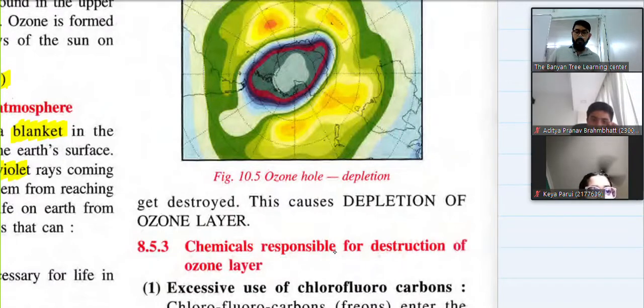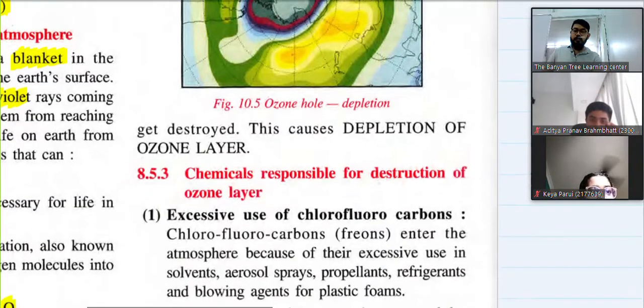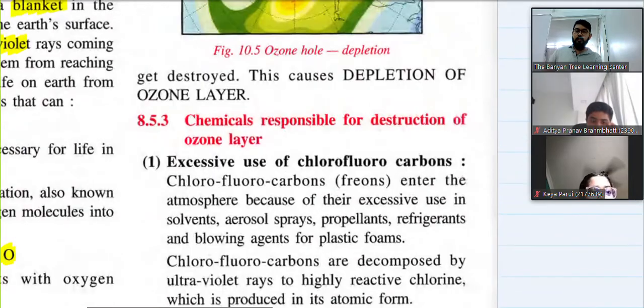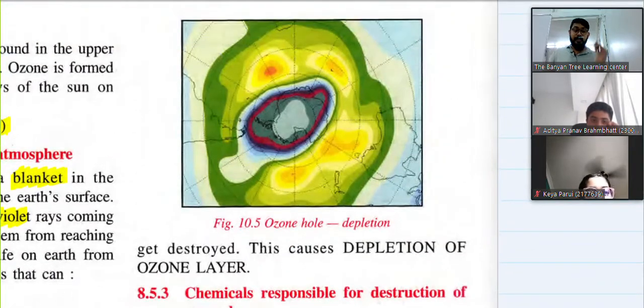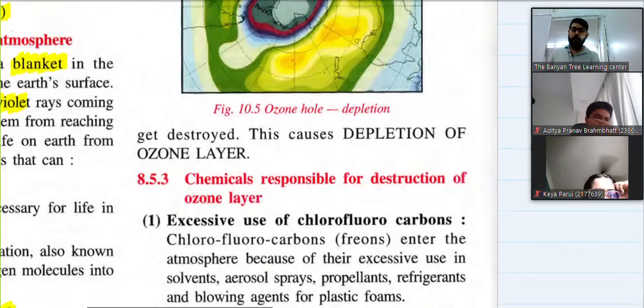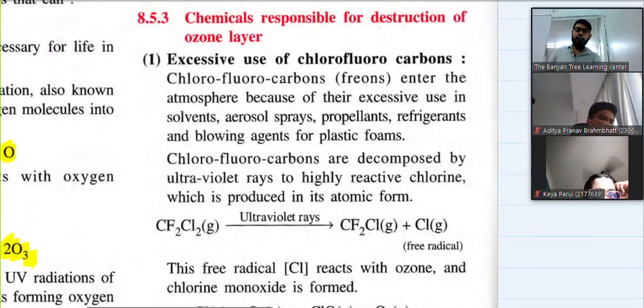When these pollutants increase by a substantial amount, the balance between the production of new ozone and the destruction of ozone is lost, and then the ozone hole is created, or depletion of the ozone layer happens.